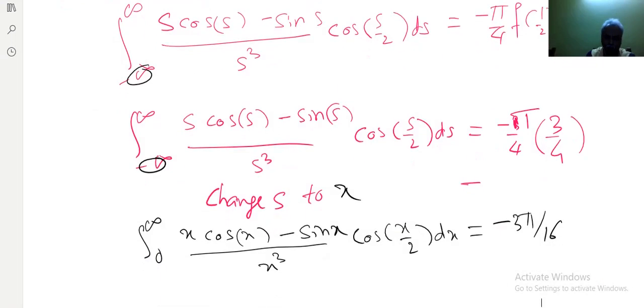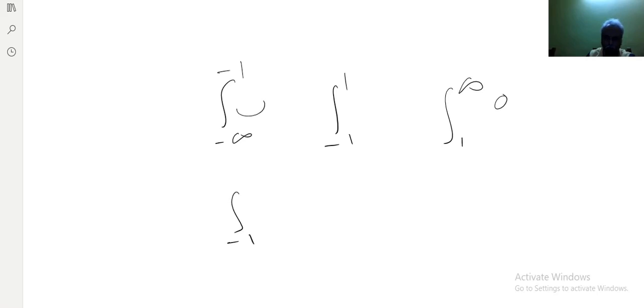Minus infinity to minus 1, minus 1 to plus 1, and 1 to infinity. These parts have become 0 again, but in this, again minus 1 to 0 is the negative part, and 0 to 1 is the positive part, and both will be considered.